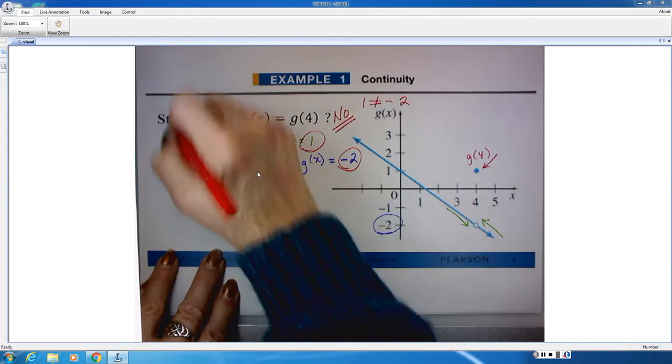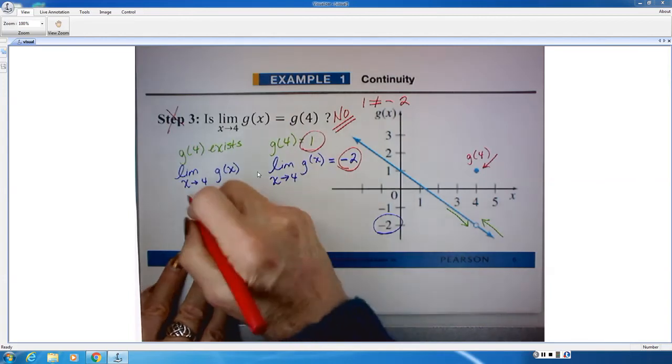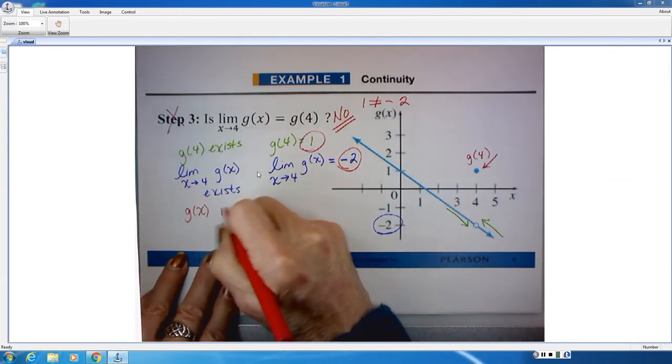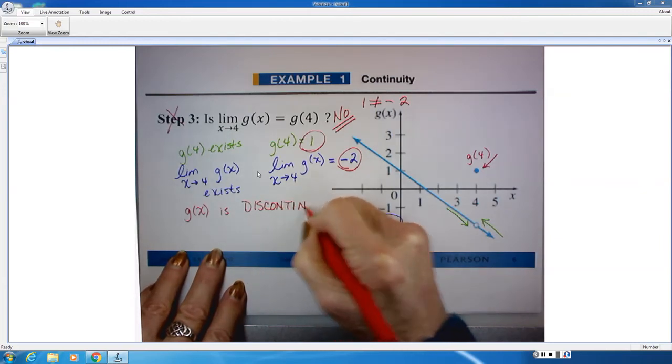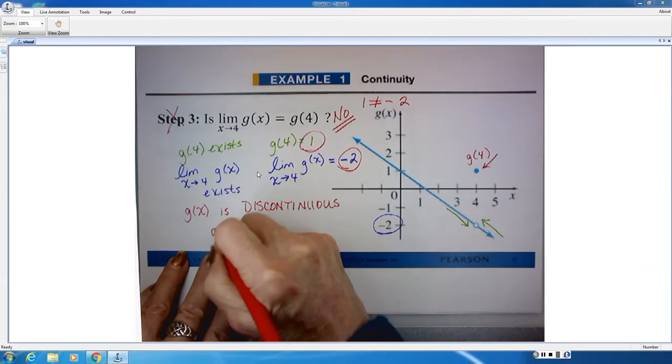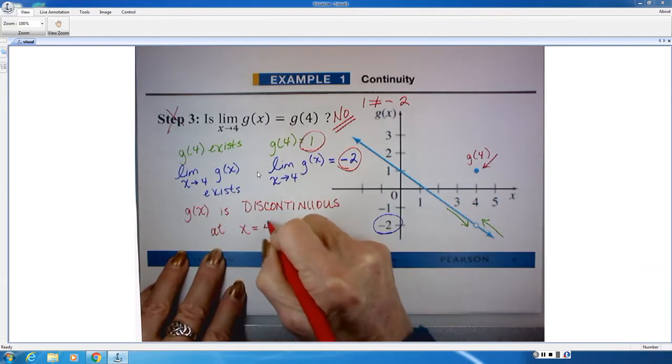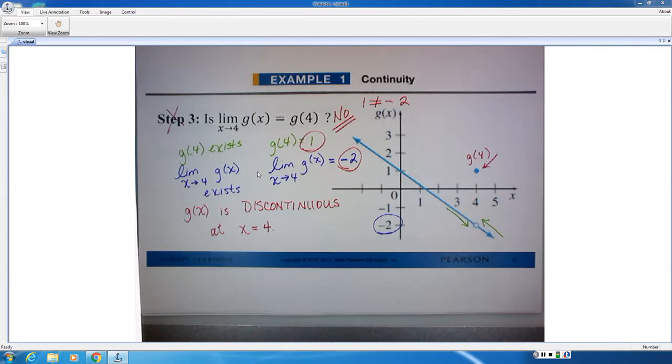Therefore, we have failed at step 3. g of x is discontinuous at x equals 4. Okay? You have to pass all 3 steps. If you don't pass the first one, you already know you're not going to pass all 3, so you don't worry about steps 2 and 3 if you fail step 1. You have to pass all 3 steps. Okay?